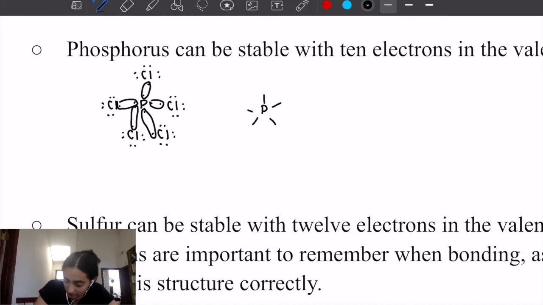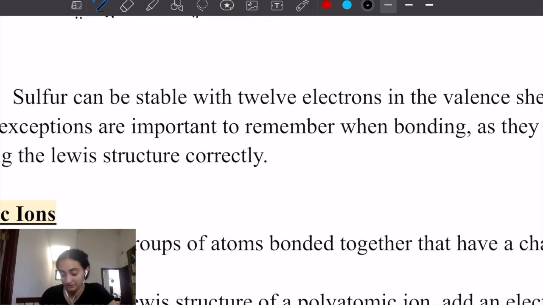So we have 1, 2, 3, 4, 5. And don't forget that the chlorines each have to have their 3 lone pairs, which is a total of 6 electrons because each lone pair is 2 electrons. So that shows that phosphorus can be stable with 10 electrons in the valence shell.